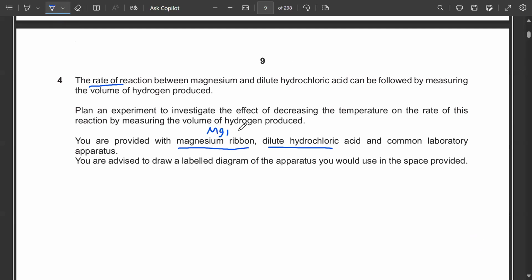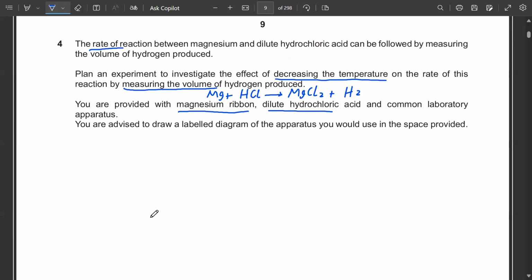So it is a reaction between the metal and the acid. We know that metal and acid produce salt and hydrogen gas. So salt is magnesium chloride, MgCl2, and the gas is hydrogen gas. So measuring the volume of the gas will indicate the rate of the reaction, and that is being associated with decreasing the temperature.